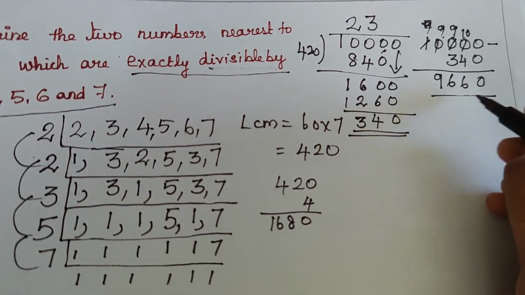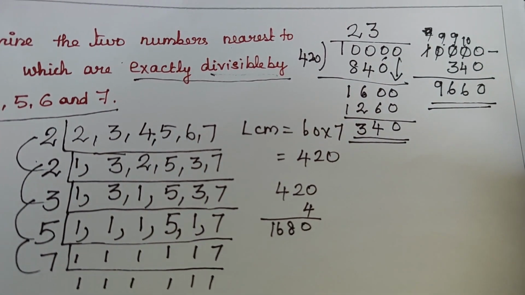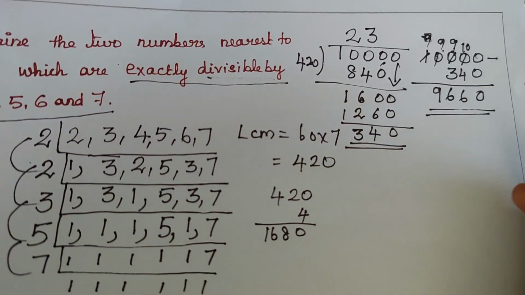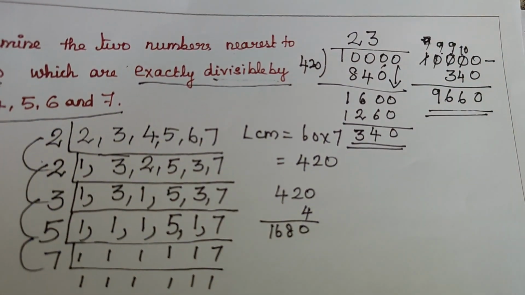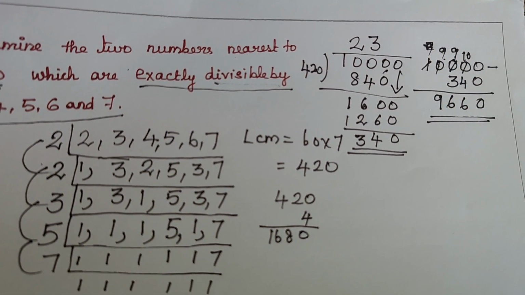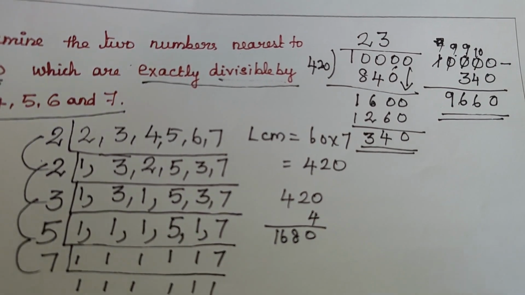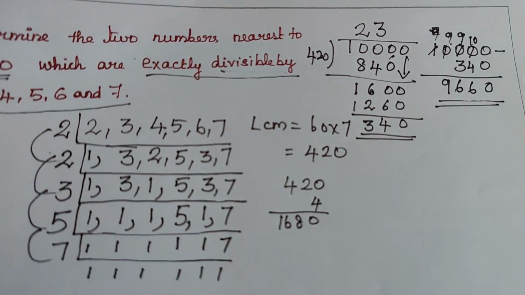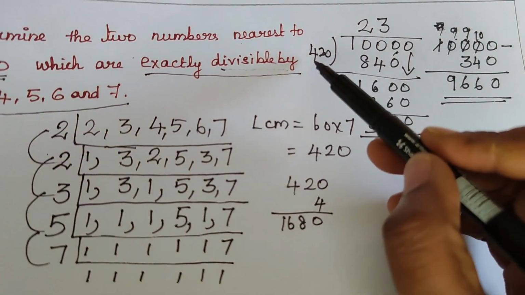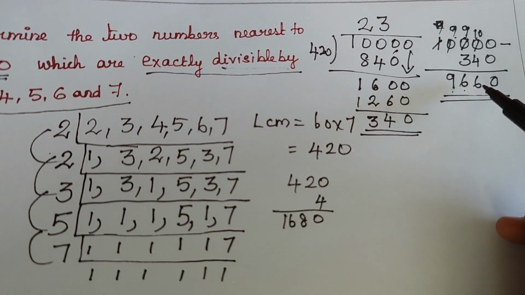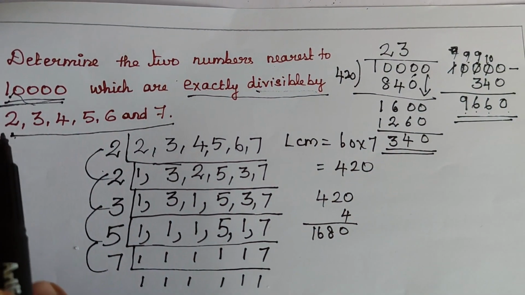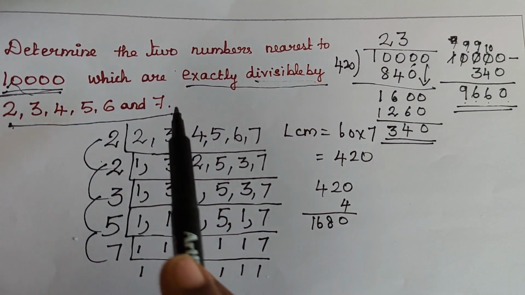So 9,660. 9,660 is the number which is exactly divisible by 420, so we can also say 9,660 is exactly divisible by 2, 3, 4, 5, 6 and 7.